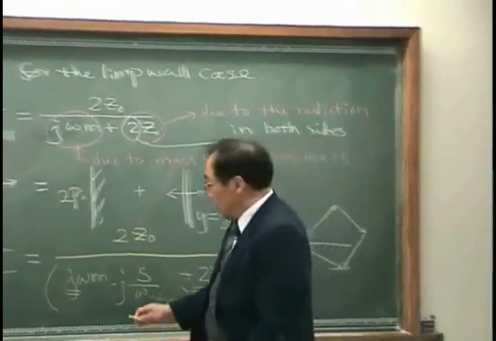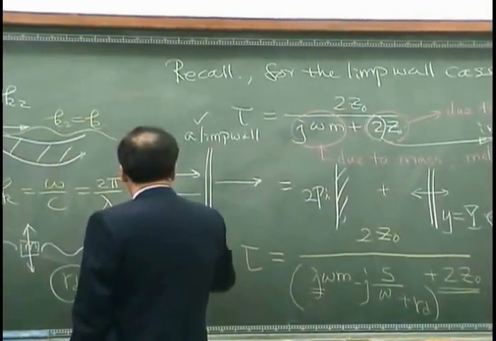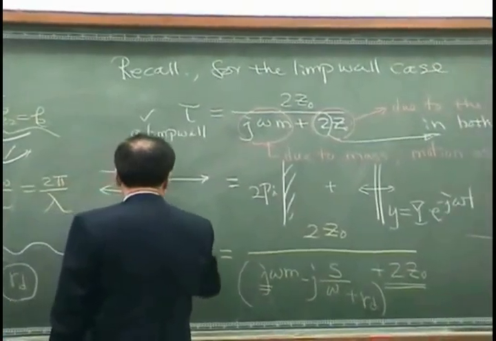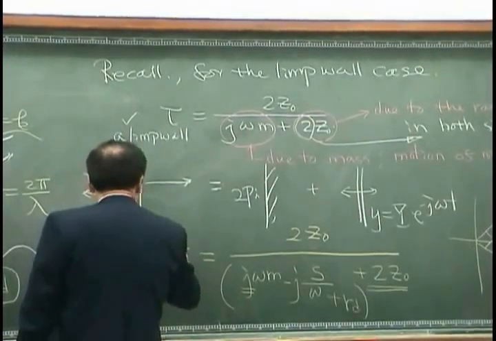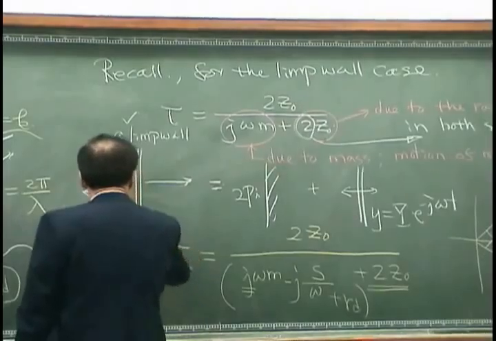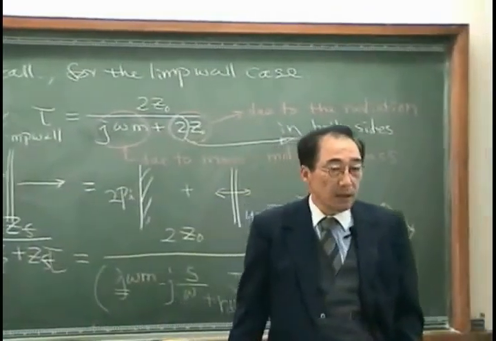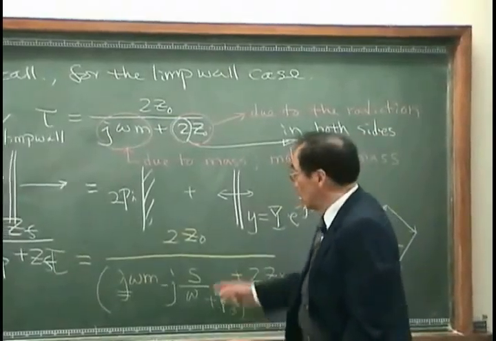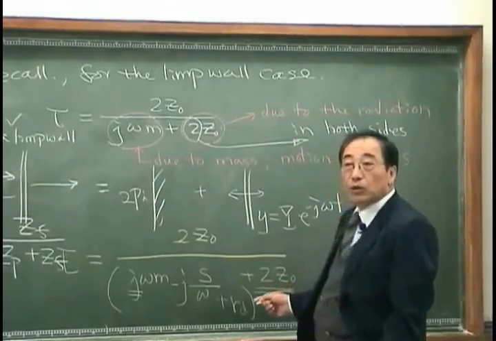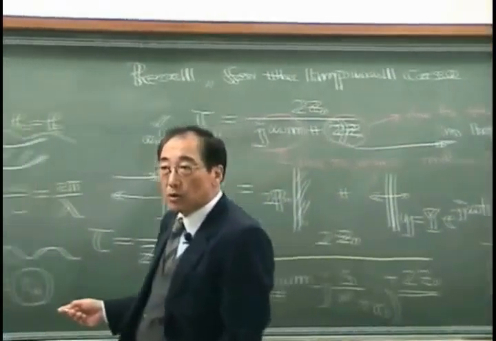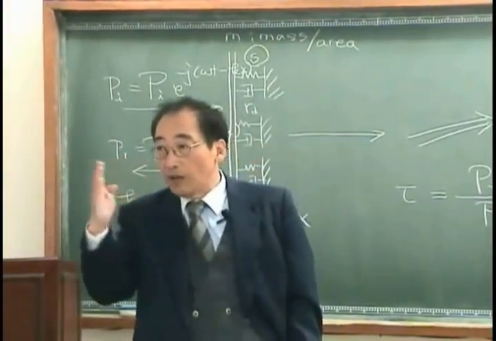Or I can generalize this concept by writing like this. Tau has Z partition impedance and fluid loading impedance. And in this case, fluid loading impedance is 2Z0. Fluid loading impedance, in other words, the impedance that has to do with the vibration of partition.